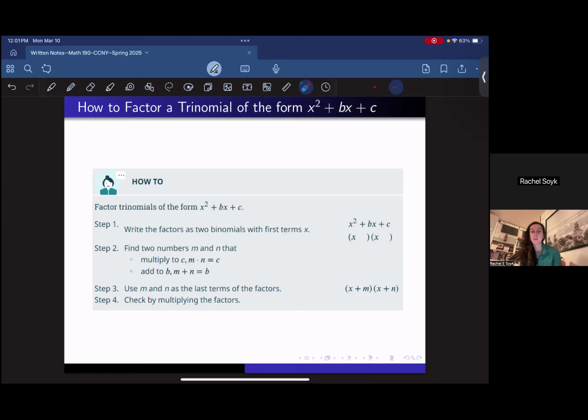And then our step after that is, after we've identified our factor pairs of c, which one of those factor pairs add up to our b? And that gives us our, they're calling them m and n, but that gives us our m and n values that we can place into that placeholder that we started out with. Obviously, our last step is always to check that that indeed works and it gives us our original trinomial once again.